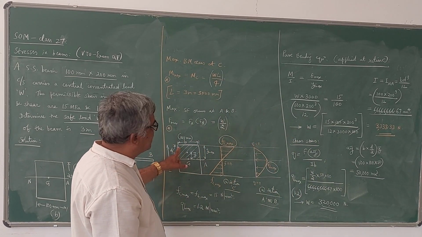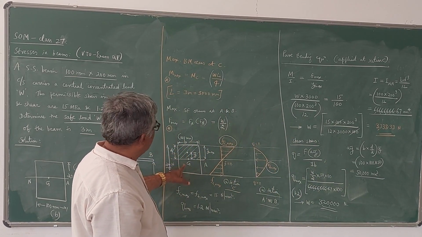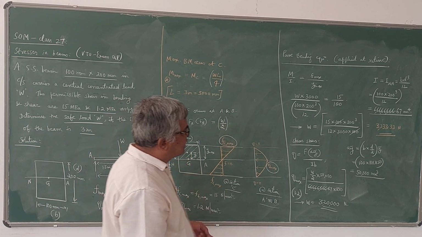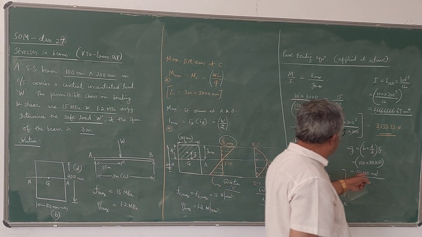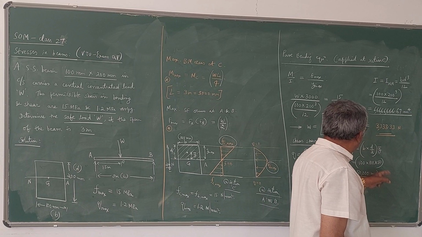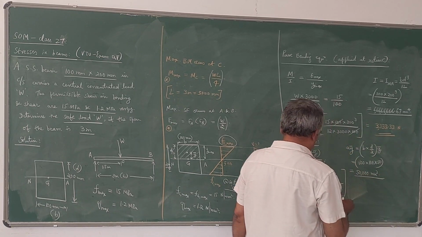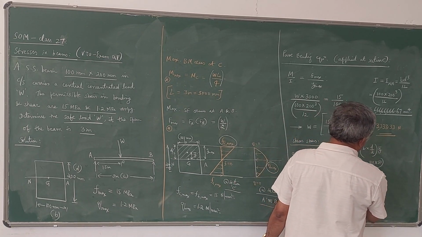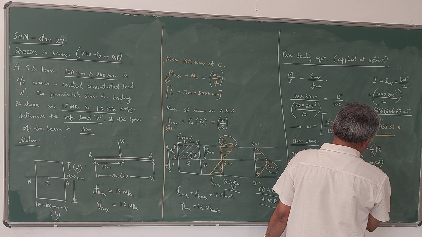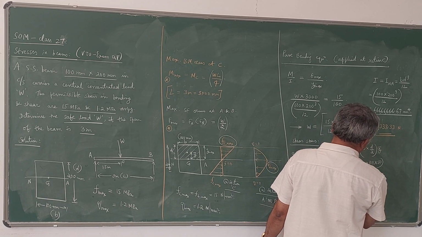In the second case, W by 2 into A into Y bar, once again I will check. A, as I said, is B into D by 2, into Y bar is 50, correct? So this is 10,000 into 50, which is 5 lakhs.